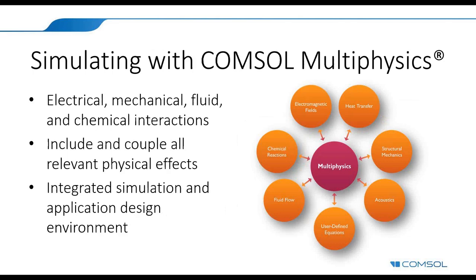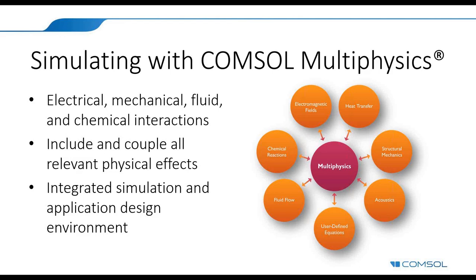All right. COMSOL is a multiphysics simulation and application design environment where all the steps of a simulation are integrated into a single user interface, from the initial setup to solvers to post-processing to building an app from your COMSOL model. And COMSOL allows you to couple together physical effects the way they would be in the real world. These are what we refer to as multiphysics. And by that we mean two or more physical effects that interact with each other, and there's no limit on the number of physics that you can include in your model.